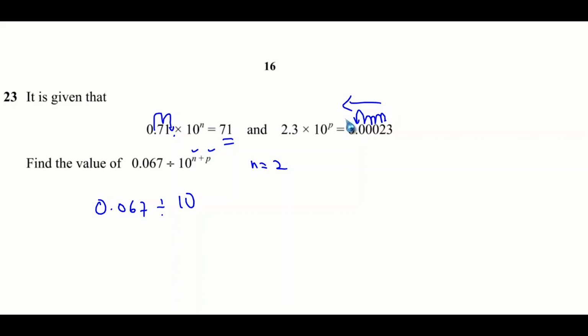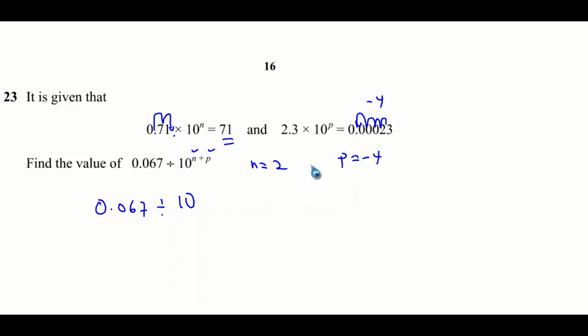That will be minus 5. Oh, sorry, let's count that again. Is it up to 5? So from here, 1, 2, 3, and 4. So that is minus 4. So p is equal to minus 4.